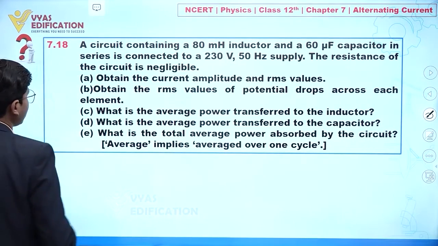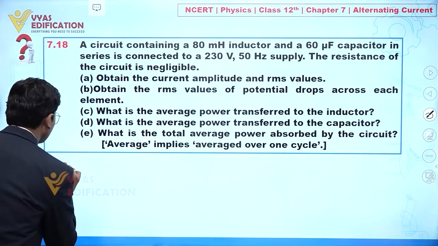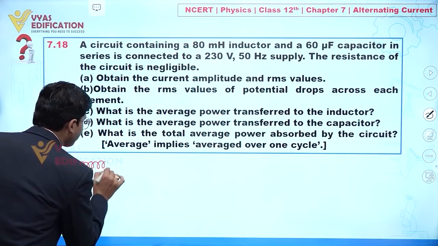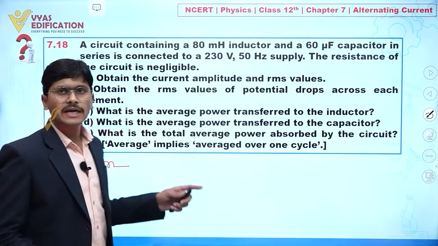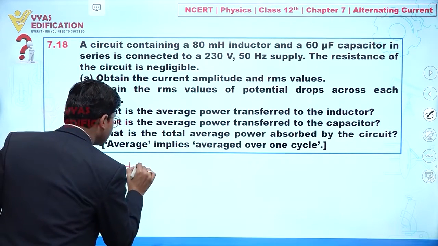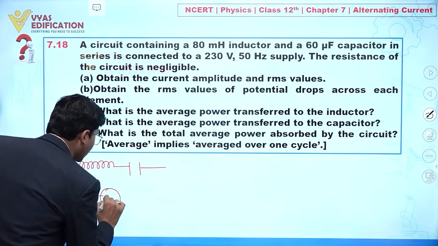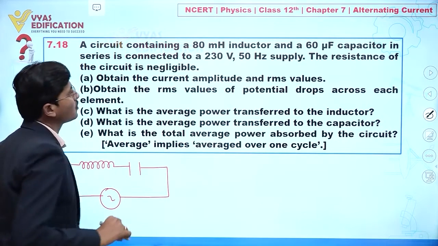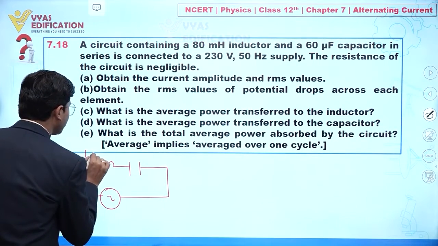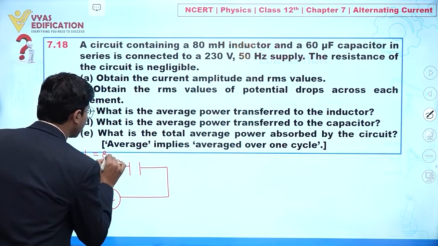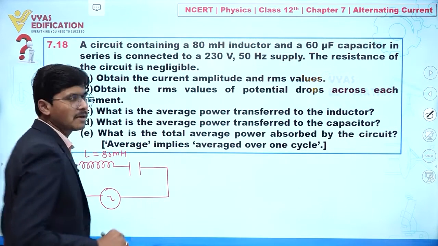So first I am drawing this circuit diagram. Let's suppose this is an inductor, and it is connected with a capacitor, and it is connected with the AC source, and all values are given. The value of L is 80 millihenry.